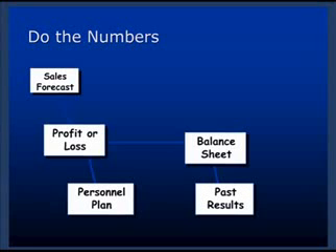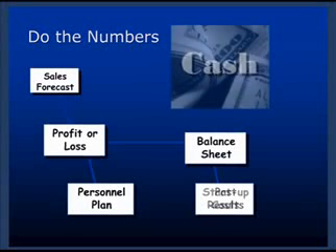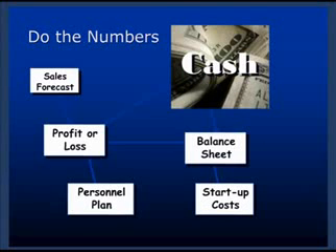All of this comes together in what is the most important component of the business plan, the cash plan or cash flow projection, also called pro forma cash flow. These various elements of information come together to help you project the most important resource you have, which is cash, money to spend.